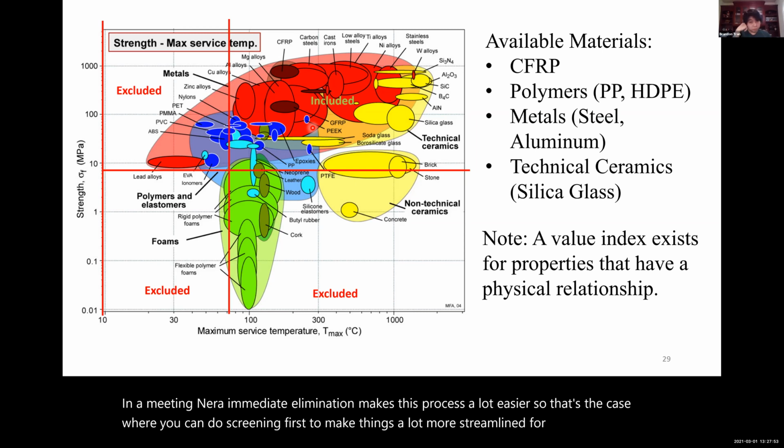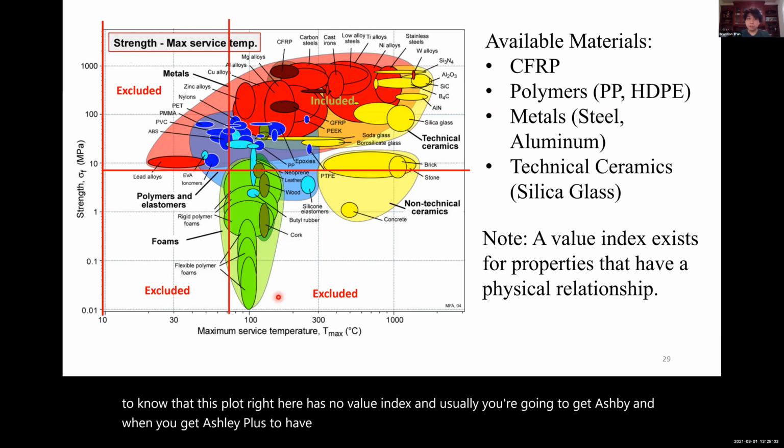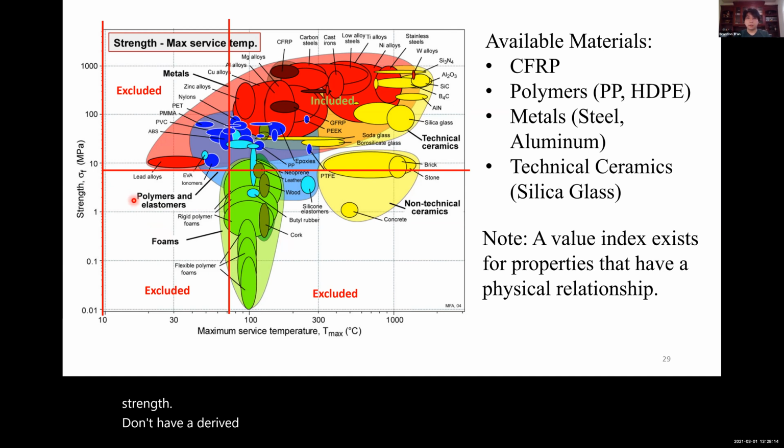I just want to note that this plot right here has no value index. Usually when you get Ashby plots that have no value index, it pretty much means that these two properties aren't physically related to one another. Maximum surface temperature and strength don't have a derivation that relates the two physical quantities into a guideline, right?